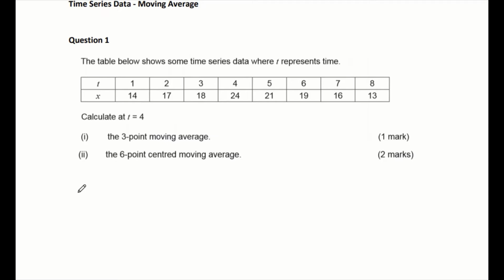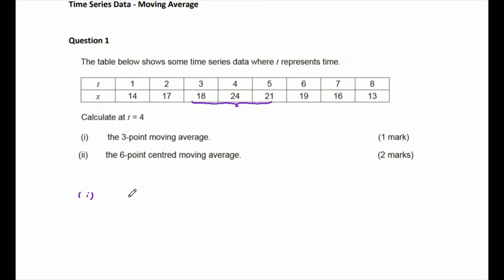Okay, question 1, the 3-point moving average. This is quite direct. Imagine the number you are going to write here if you are doing a 3-point moving average. If you want the moving average here, then the 3 points you will use are from here up to here.